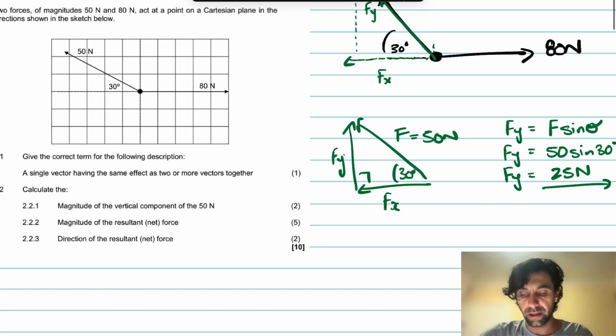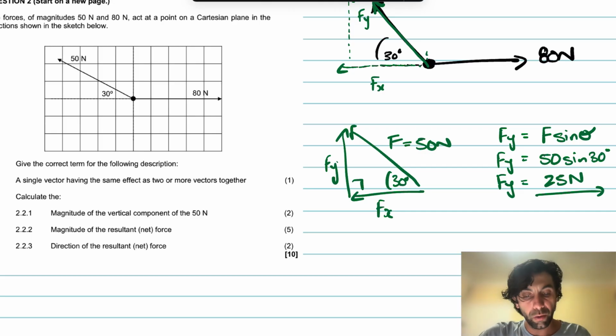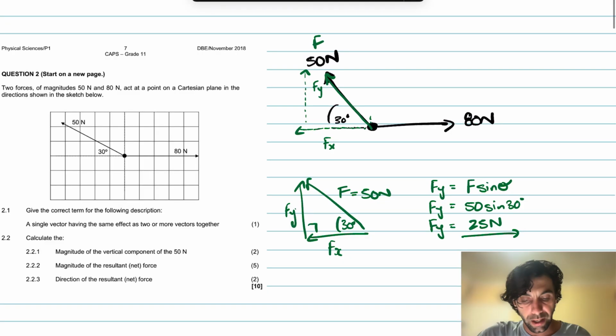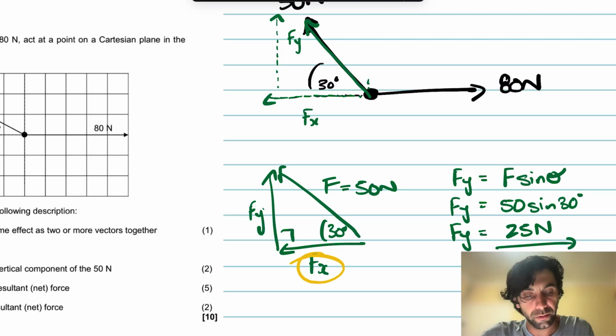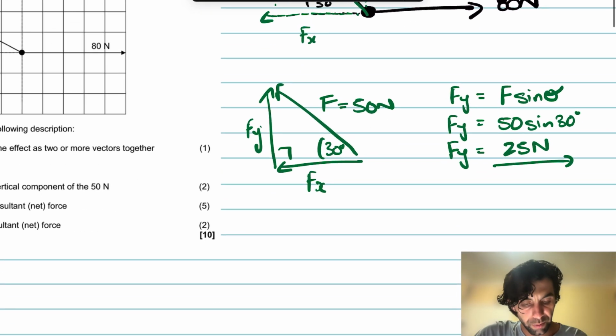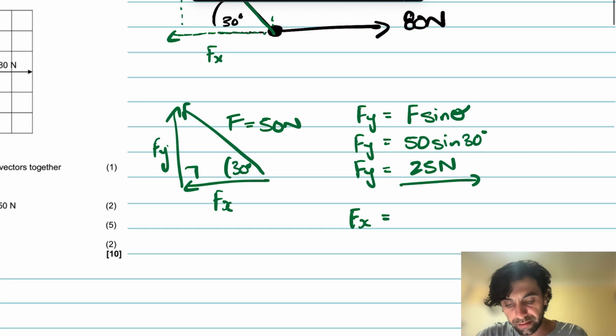They now want you to calculate the magnitude of the resultant force, and then after that, the direction of the resultant force. Again, we're always doing the same thing here. So what I'm quickly going to do is figure out what our horizontal component is in this case. So we can write Fx is equal to, now again, we can see that this is an adjacent and this is a hypotenuse.